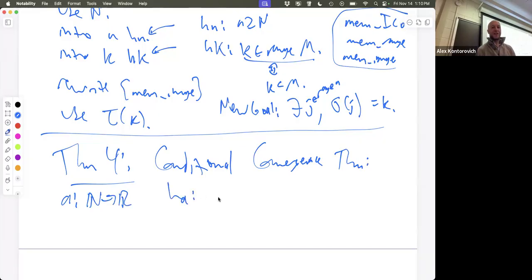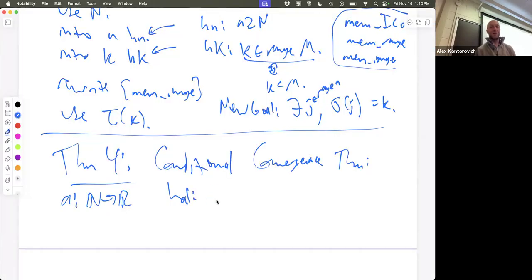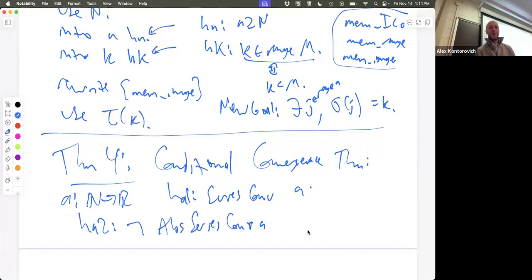Conditionally convergent means, HA1, the series of A converges, and HA2, it's not true that the series of the absolute value of A converges. These two things I could have made into a definition called conditional convergence.